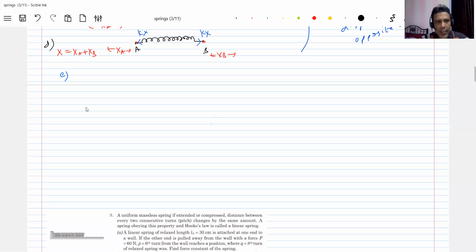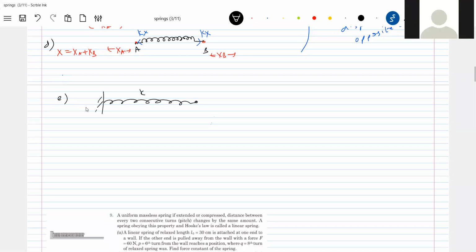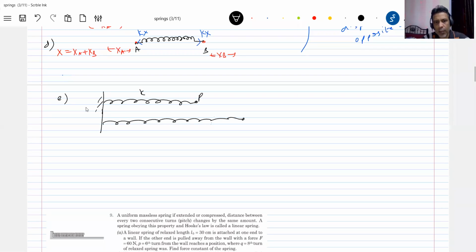Okay, we'll take the next condition. The situation is one end of the spring is fixed to the wall. This is the natural length. Then what I do is I will pull one end. You look at the point P. So what is the displacement of the other end?